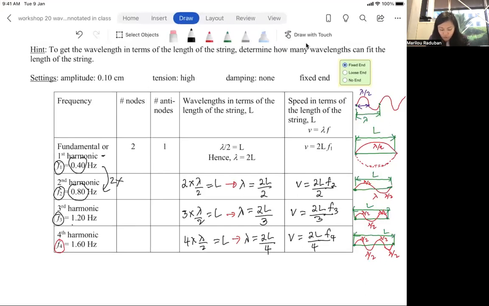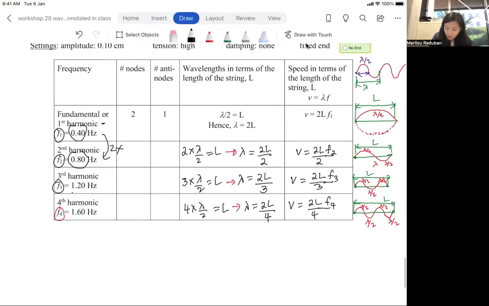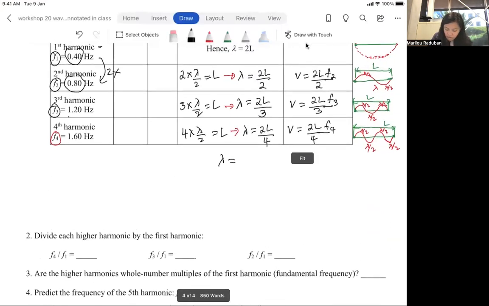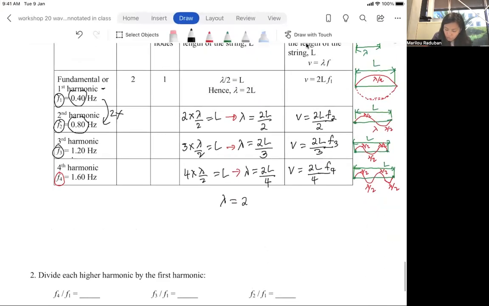Then for the third harmonic, you have 2L over 3. Fourth harmonic is 2L over 4. Fifth harmonic, you can guess it's 2L over 5. So you have a pattern there: wavelength is equal to 2L over n.